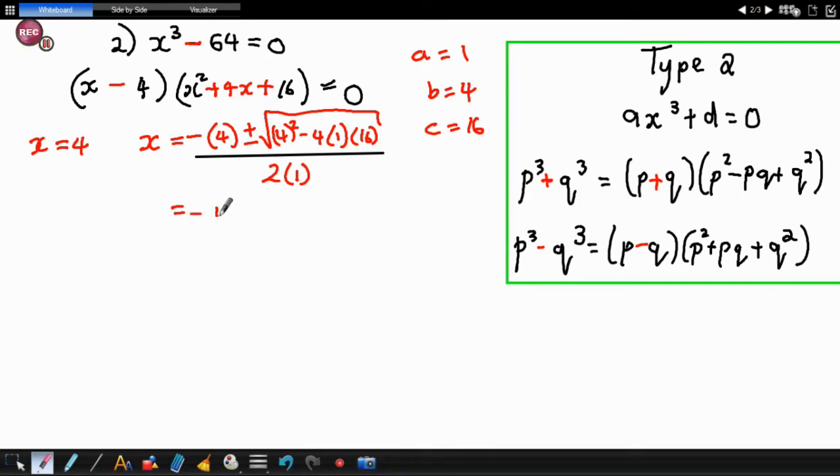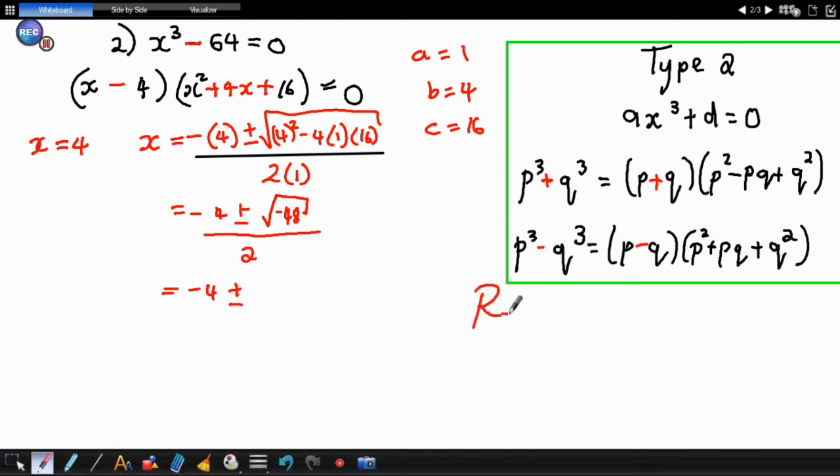So you have negative 4, then plus or minus. Now, if I look at this, when you try and work this out, you'd have 16 and then you will have 64. So 16 minus 64 will give you negative 48 over 2. Then I will simplify this. I'll have negative 4 plus or minus the square root of.